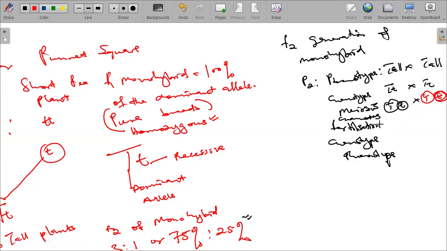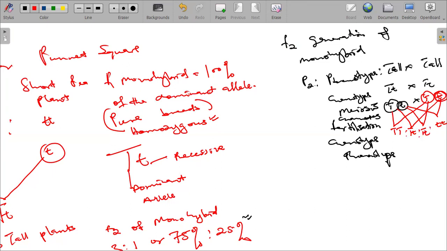You understand? Fertilization is when this T comes here and goes with that T, so we have TT. This T comes and goes with the small t. Then this small t comes and goes with the other big T, and the small t goes with the small t, giving us tt.